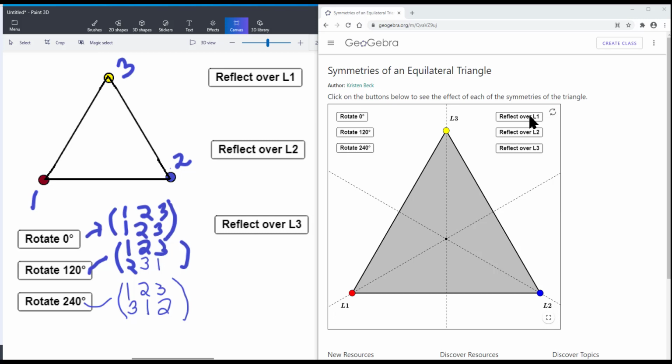So if we reflect over L1, L1 is this line, then you can see 1 is going to stay unchanged, and 2 and 3 will switch places. We are not going to look at these in here and are just directly going to write our results.